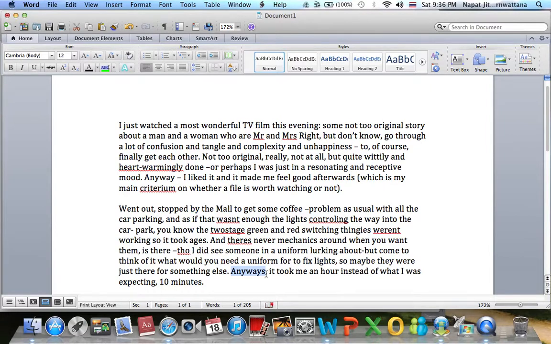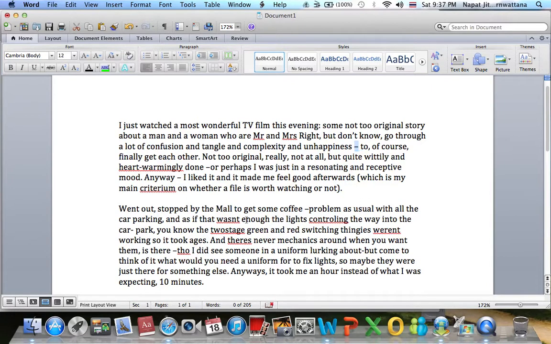And lastly, when it comes to punctuation, I think it is probably the most distinctive feature of the language of the blog. Here, first of all, we can see the use of the dash. The dash here actually marks the change of thought of the speaker from one thought to the other.